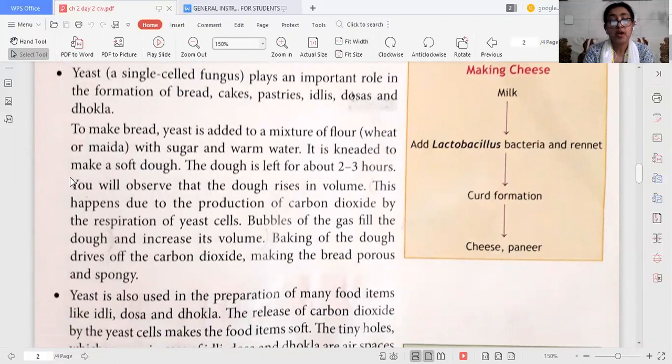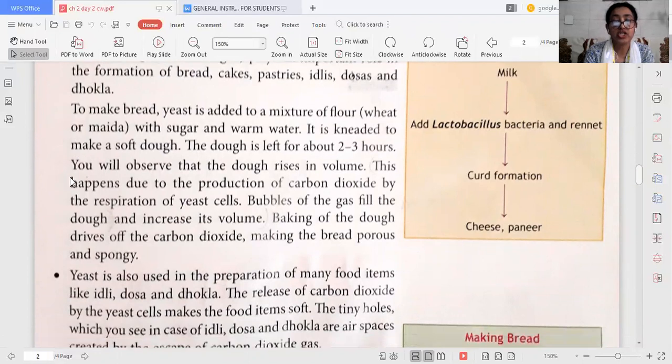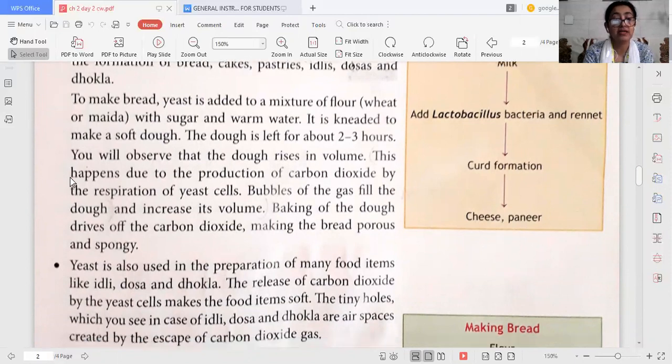Why does this happen? Because of the production of carbon dioxide by the respiration of yeast cells. The bubbles of gas fill the dough and increase its volume. That's why you have seen that bread and buns have spaces in between. That is due to the bubbles of carbon dioxide.